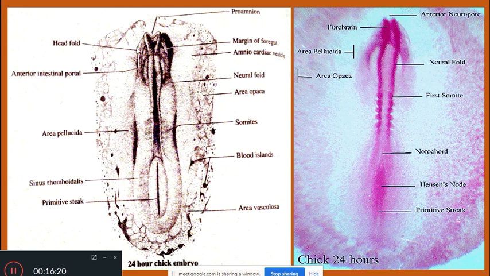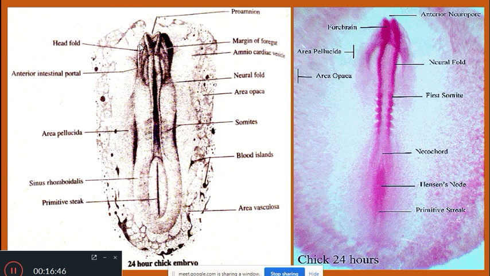Here you can see this structure which is like a crescent or a horseshoe. This structure gets thickened and it elevates above the level of the blastoderm with a well-defined anterior boundary. You can see here it has a well-defined anterior boundary which will appear like a crescentic fold, which will appear like a horseshoe.